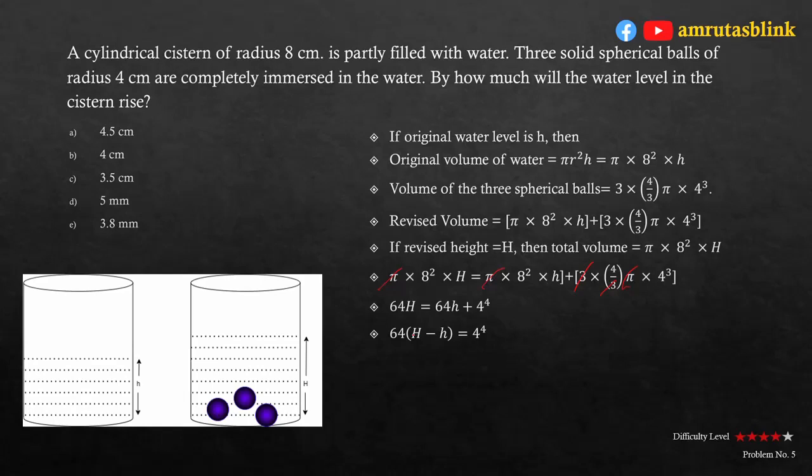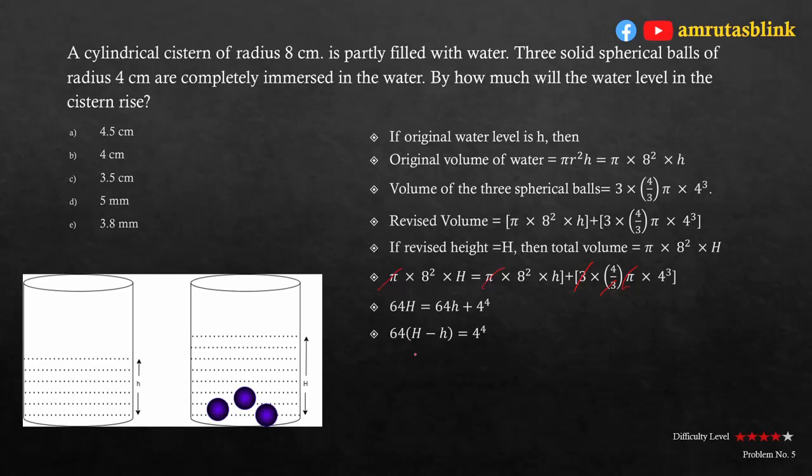That is 64 into capital H minus small h, that is the difference in the height. That means by how much will the water level rise in the cistern? In the question it is being asked by how much the water level in the cistern will rise. That means we need to find out just the difference in the height. That is, we need to find out this part, capital H minus small h.